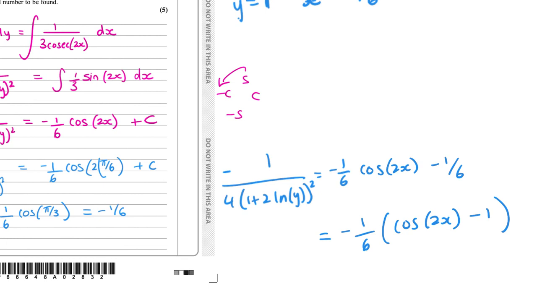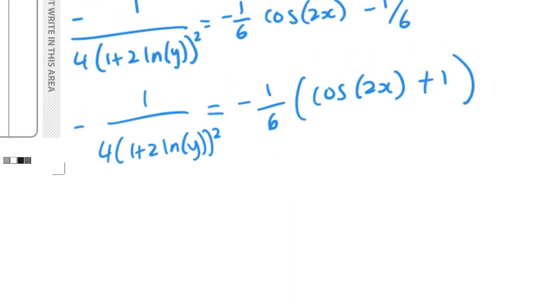Cos 2x minus. What did you just say? Oh, that's sine. So this is minus 1 over 4, 1 plus 1. Y squared. Okay, are we happy that from here the negatives will cancel? Yes.